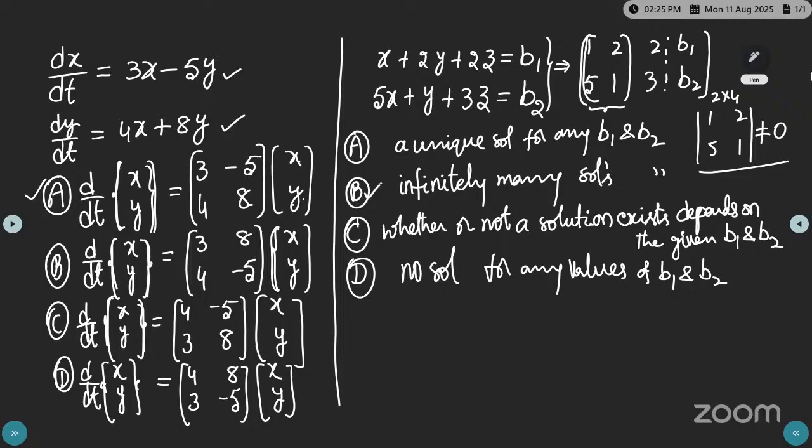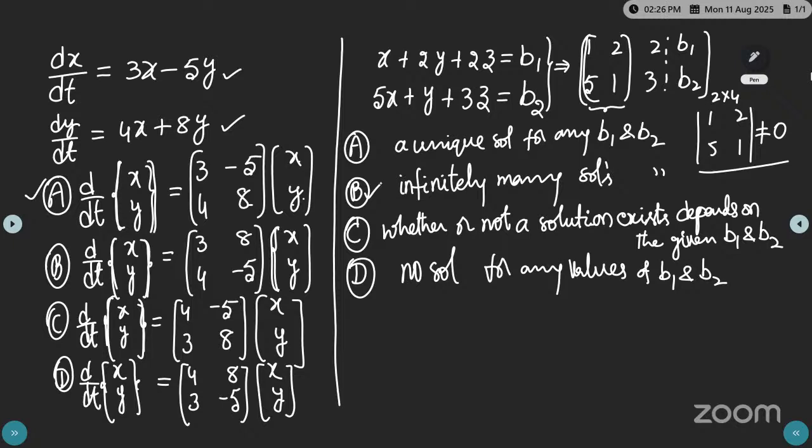And the rank of the matrix is 2. What matrix? Coefficient matrix. Please write that. The rank of the coefficient matrix is 2, and the number of unknown variables is 3.